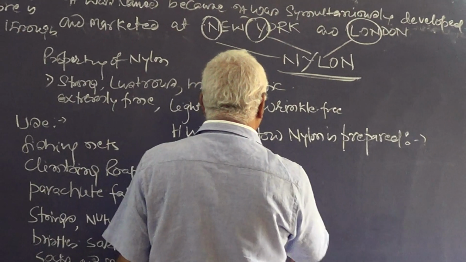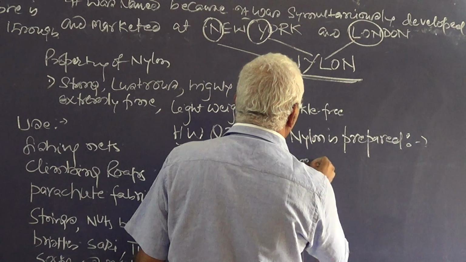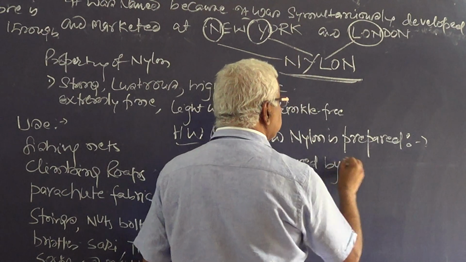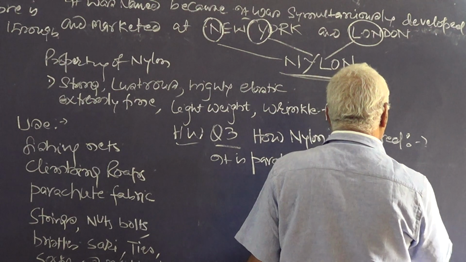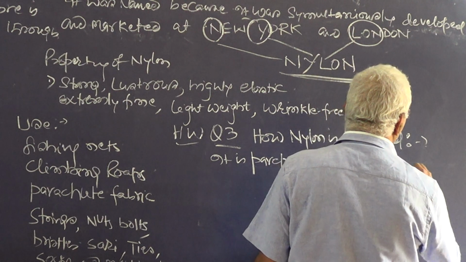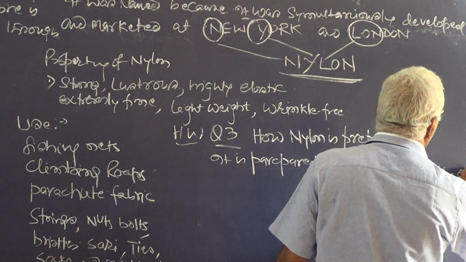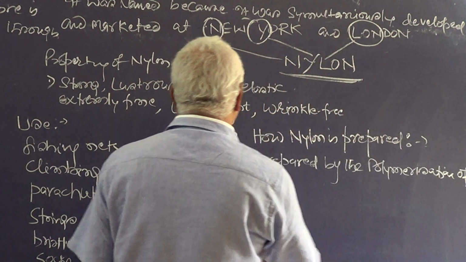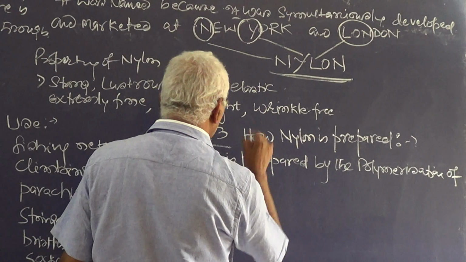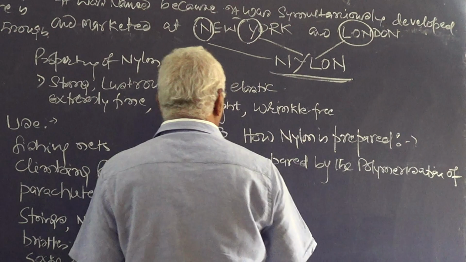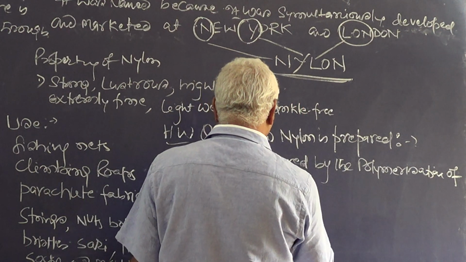It is prepared by the polymerization of amides. Polymerization of the amide, which is a monomeric unit.